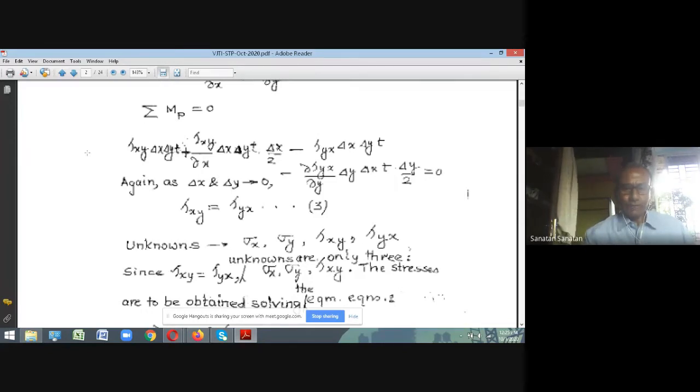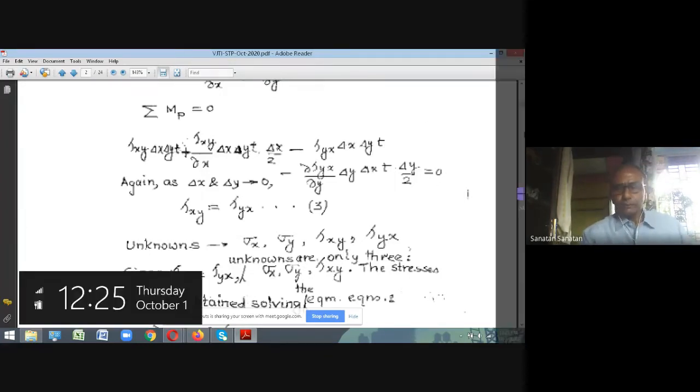Finally, it has tau xy multiplied by delta x, delta y into t, and this is tau yx multiplied by delta x into delta y into t, and this cancels out. Finally, we find that tau xy equals tau yx. So that's what it is.